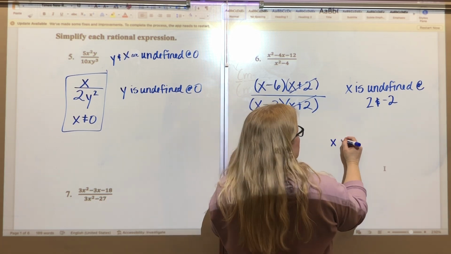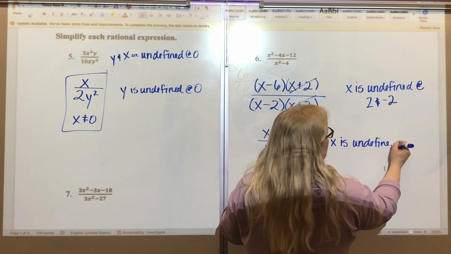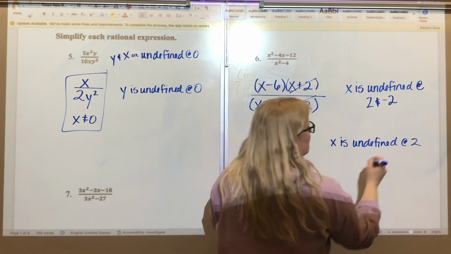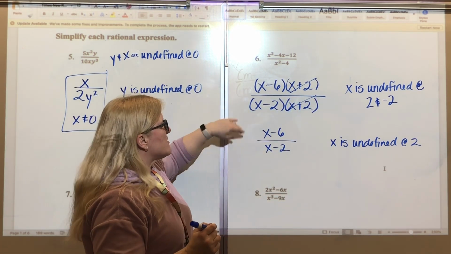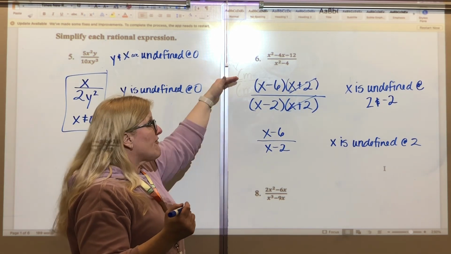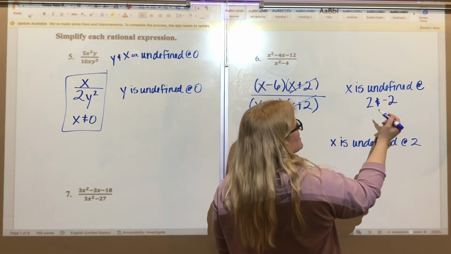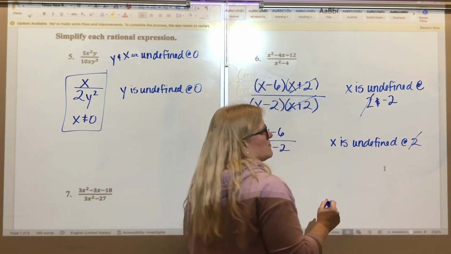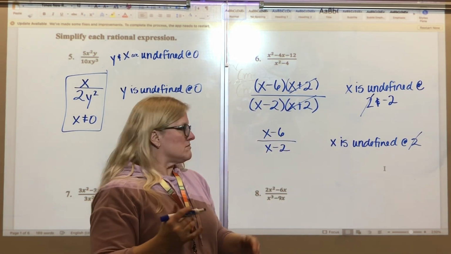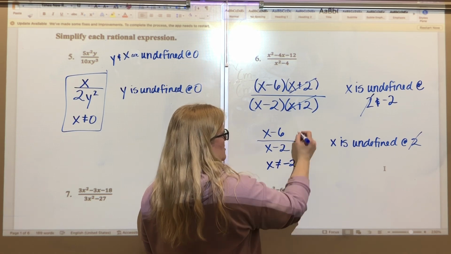Here, x is undefined at 2. So they're both undefined at 2. That means the odd man out, the one that's different from here to here, is negative 2. And sometimes I cross these off because they have a partner, all right? But x cannot equal negative 2.